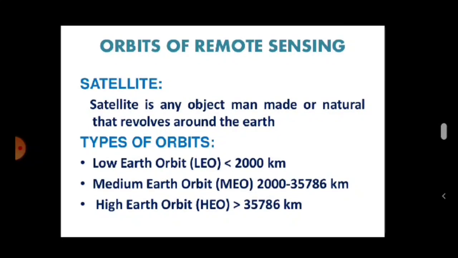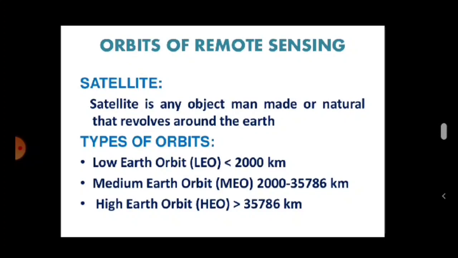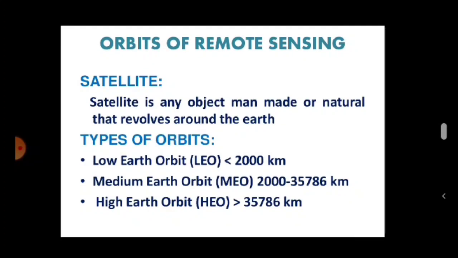Here we focus on how these are classified according to altitude. Low Earth orbit altitude is less than 2000 kilometers, between 2000 and 36,000 kilometers it is medium Earth orbit, and from that onwards it is high Earth orbit.